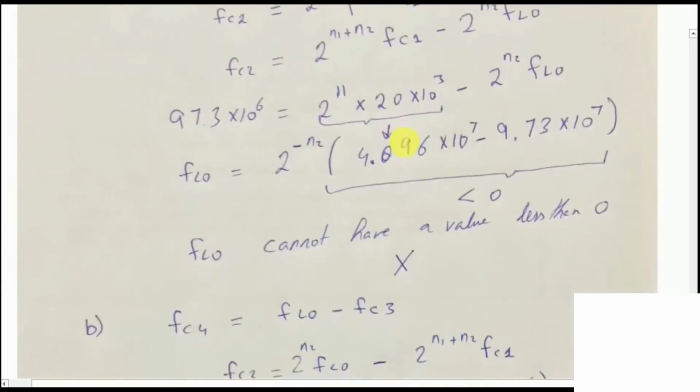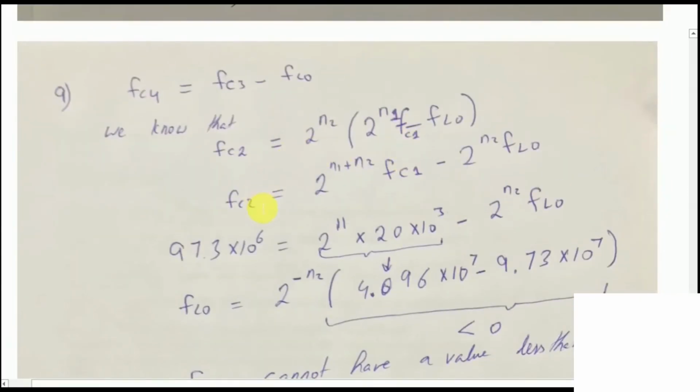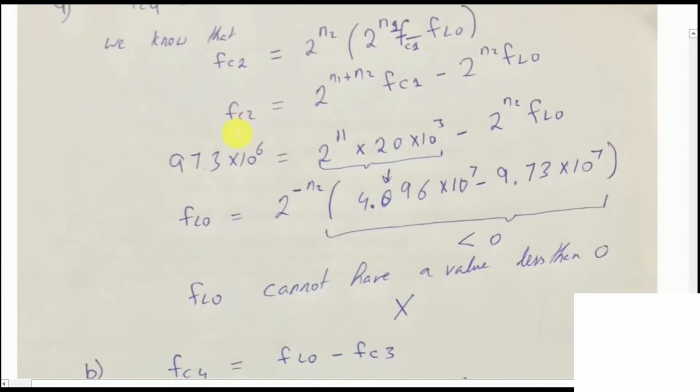So from this we already know the carrier frequency at the output of narrowband FM. This is given or stated in the question itself, right? We know that if you open this expression, you would have 2 power n2, 2 power n1, and you can combine n1 and n2, which I have done over here, n1 plus n2, right? And similarly this 2 power n2 would go over here. So if you simplify, we know this, which is 97.3 megahertz.